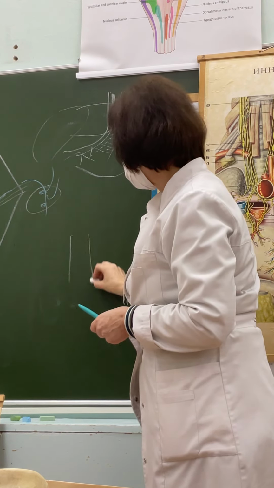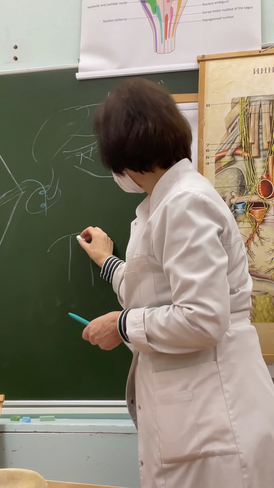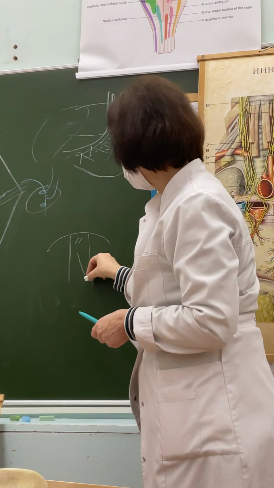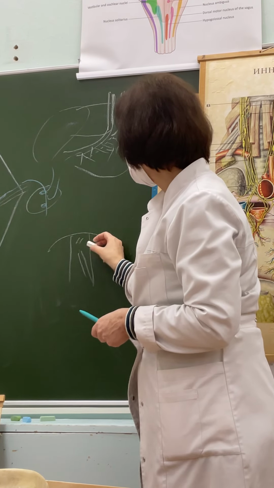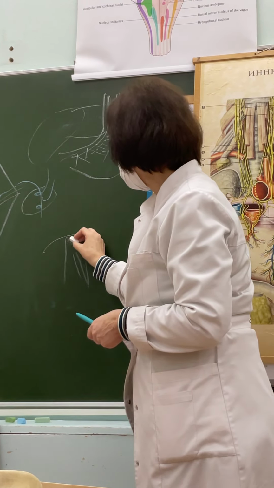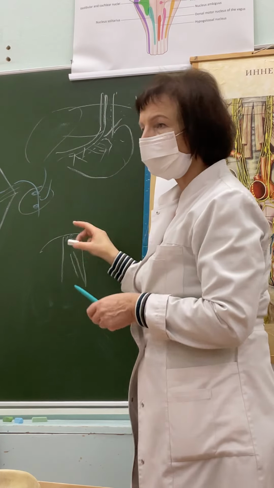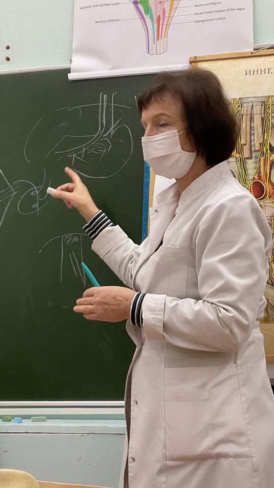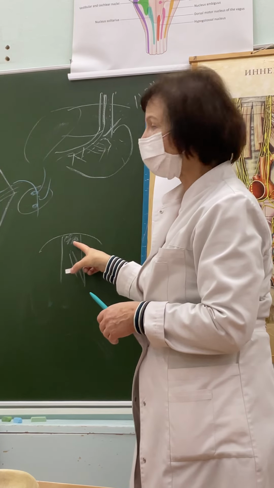We have the celiac trunk, which is the first unpaired branch of the abdominal aorta. Then the superior mesenteric artery is next to it. So this is the diaphragm. Here around this celiac trunk, we have sympathetic ganglia, and here comes the celiac branch of the vagus nerve.